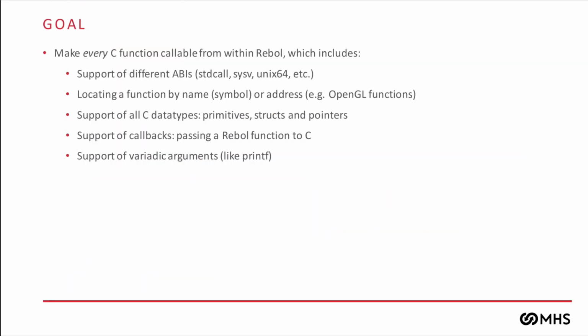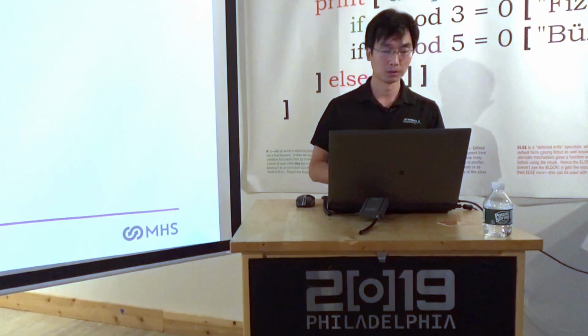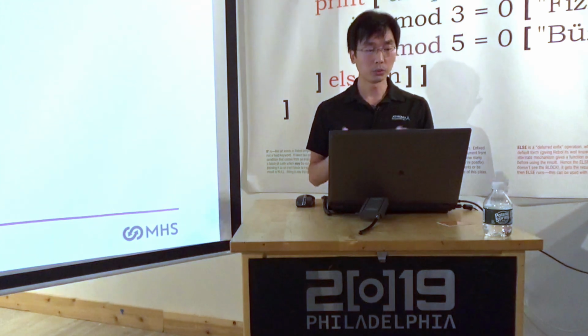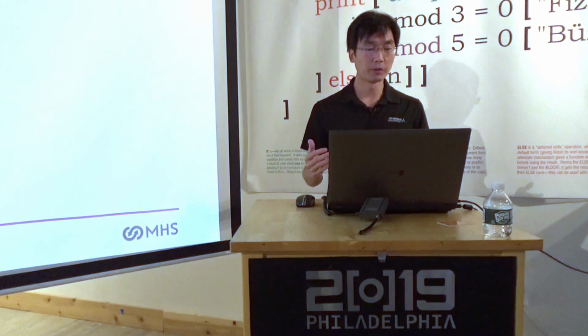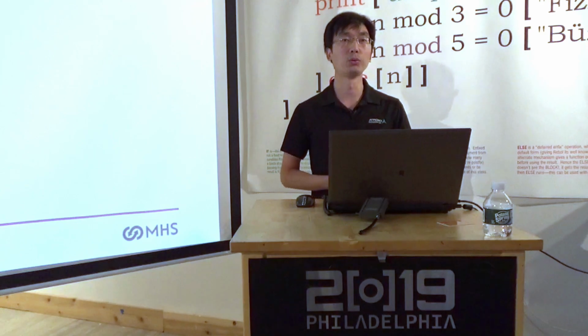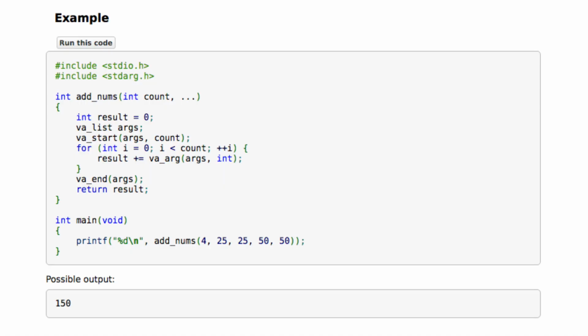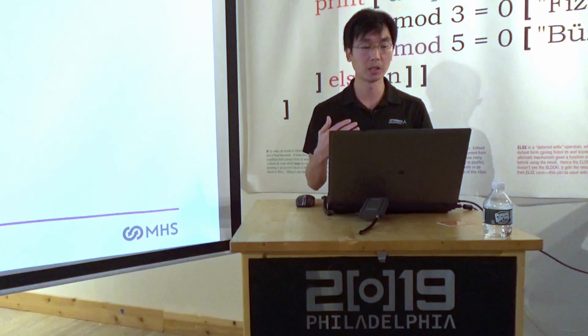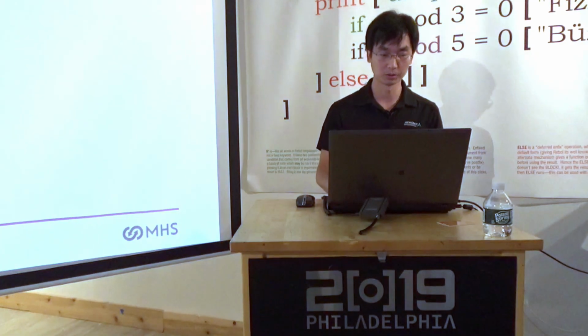But here, we don't want to write C code, so we need to pass a C function pointer to a Rebol function. And we need to support variadic arguments to C functions. One example is printf, and this FFI is able to support that kind of function.